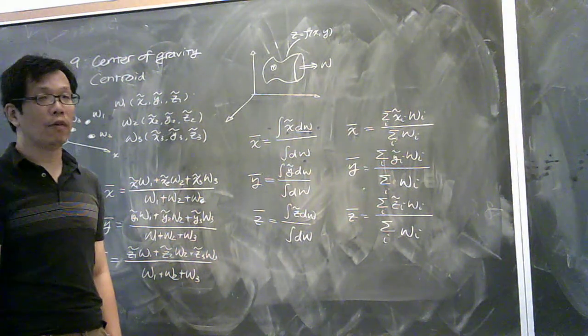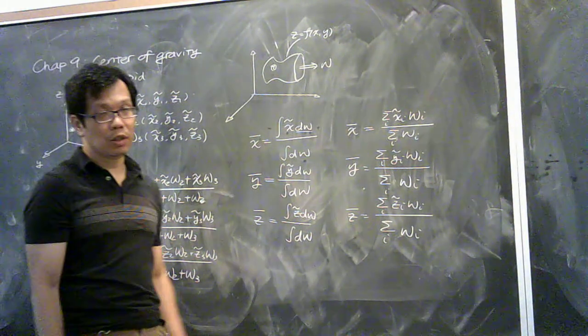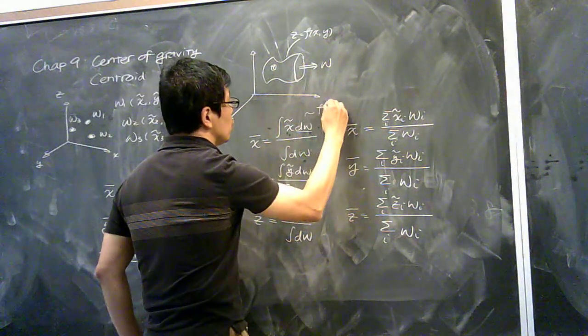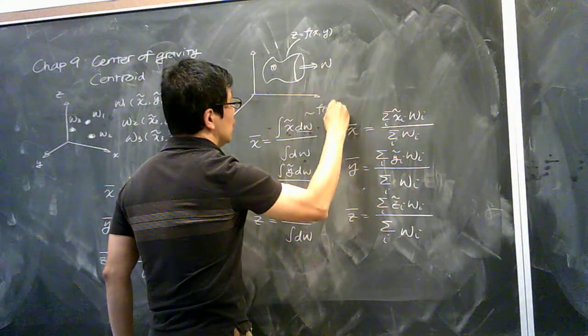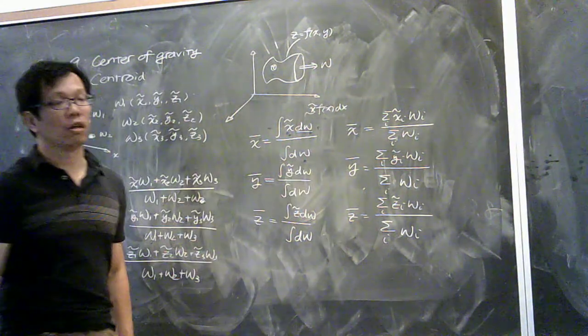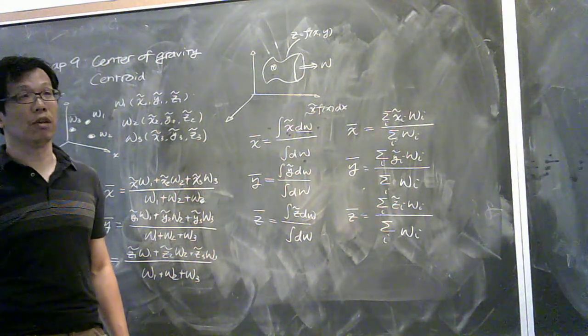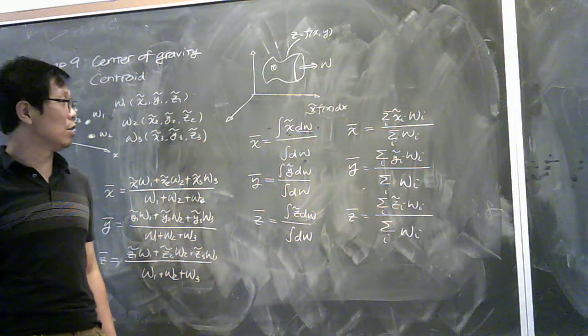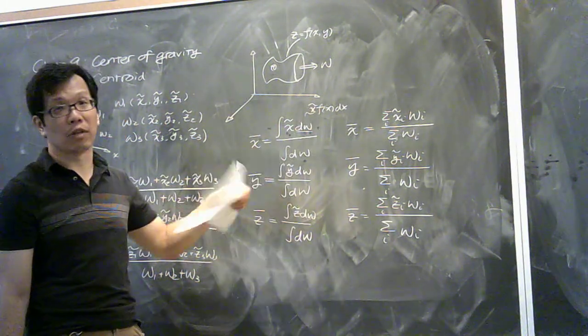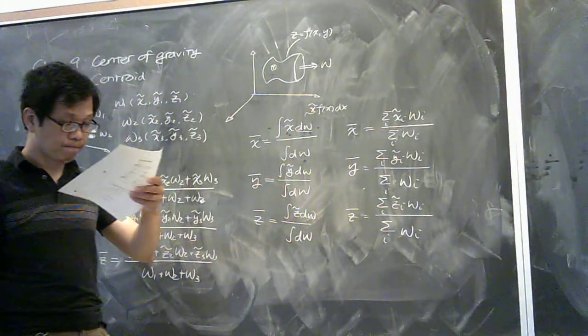You must convert everything into a function in terms of x, then replace this part as a function of x. Something like this will make your integration a lot easier than just dealing with the dW, dA, or dV term.